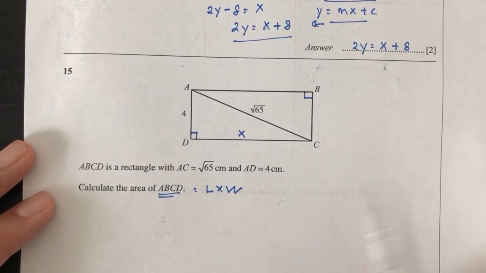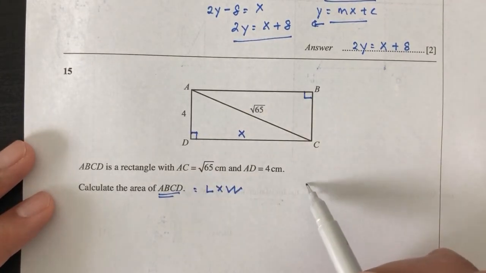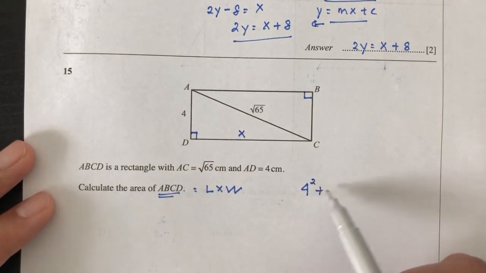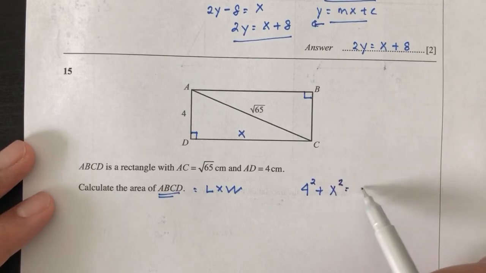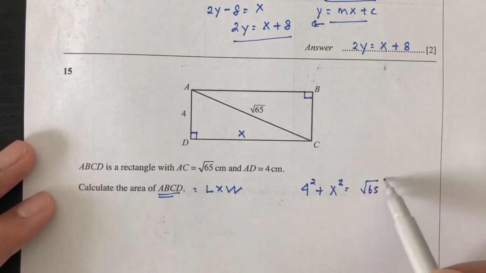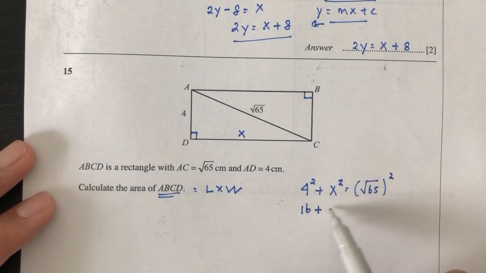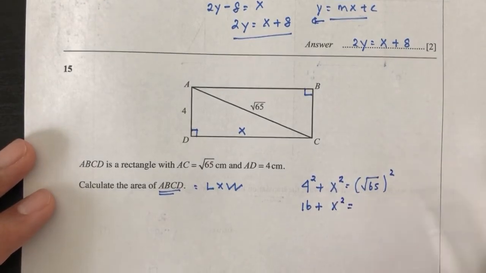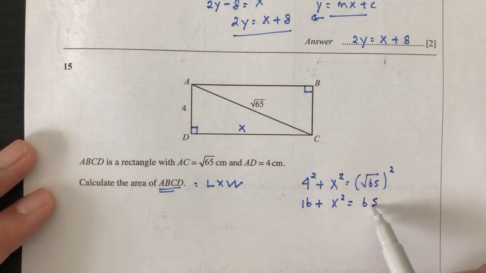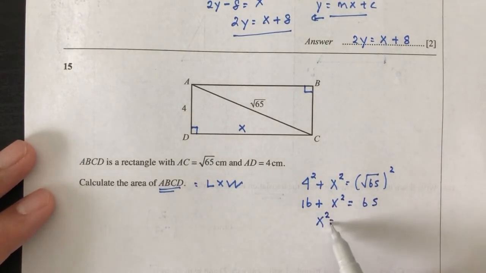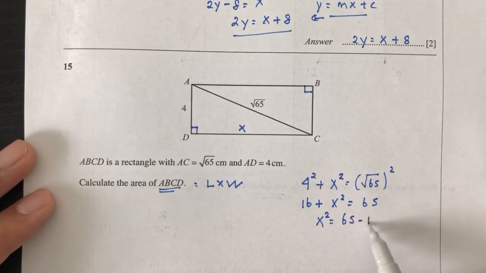So what is Pythagoras Theorem? So we know that 4 squared plus x squared equal to square root of 65 squared, which is 16 plus x squared equal to 65. So x squared equal to 65 minus 16, and what is that?